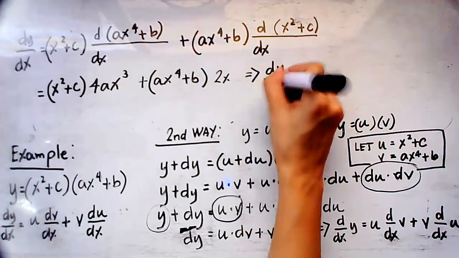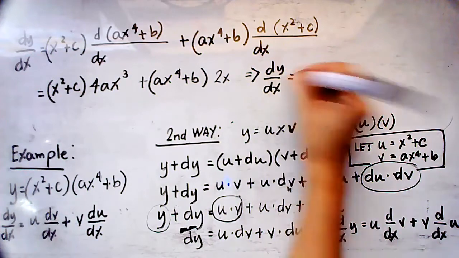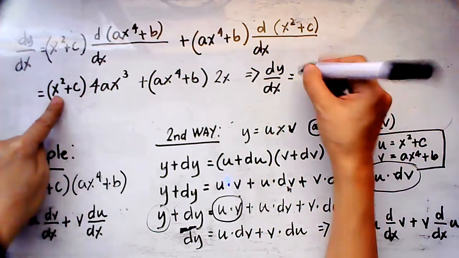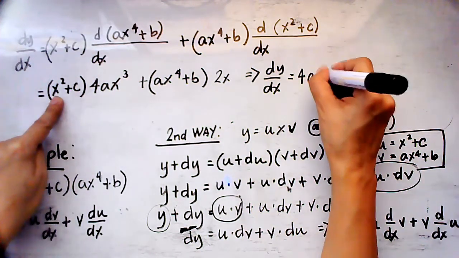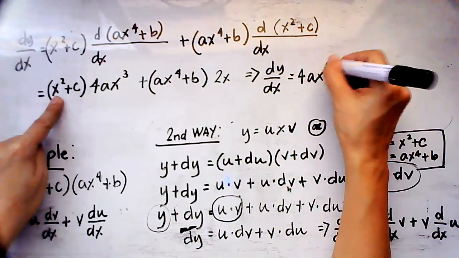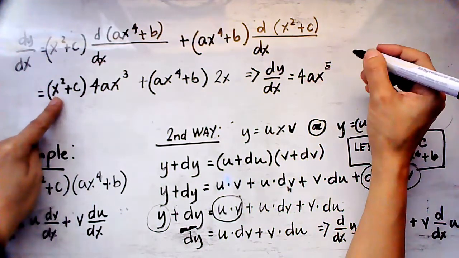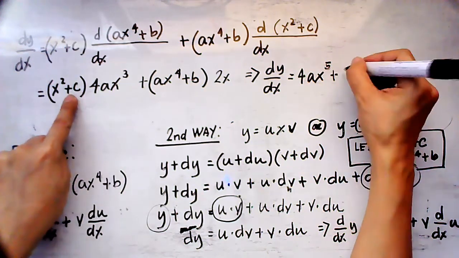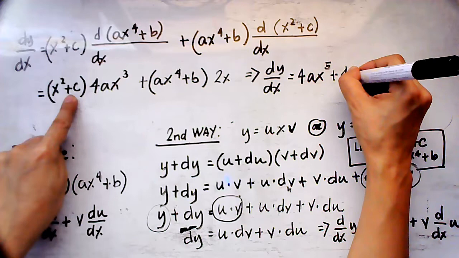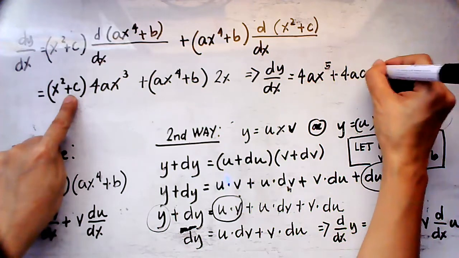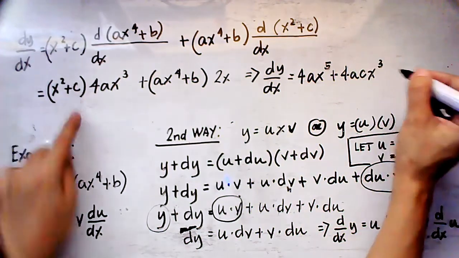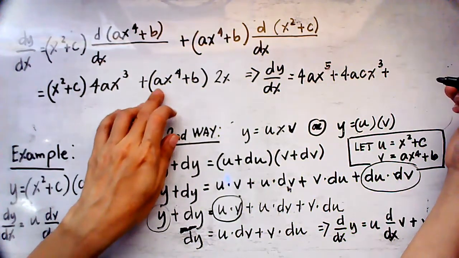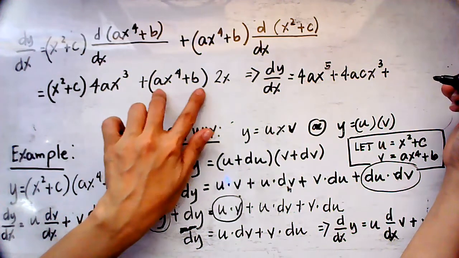dy over dx is equals to 4ax cubed times x squared is 4ax to the 5th power, plus 4ax cubed times c is simply 4acx cubed, plus, of course, you have ax to the 4th times 2x.